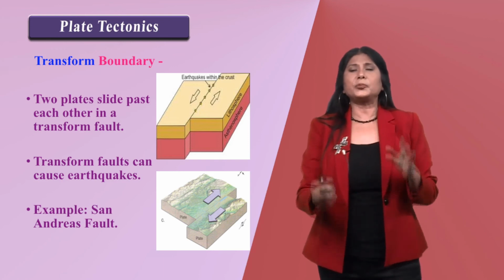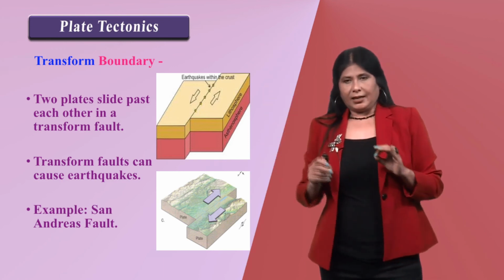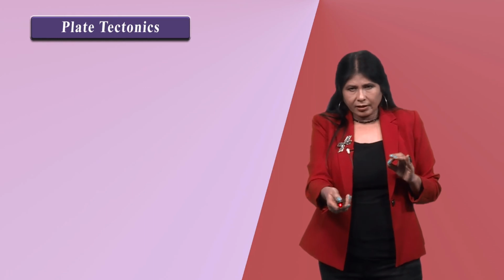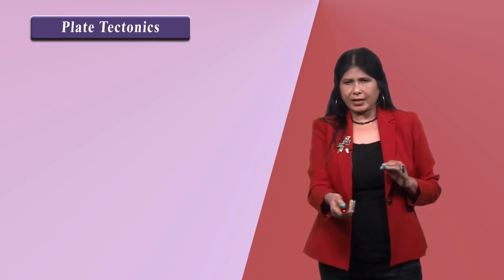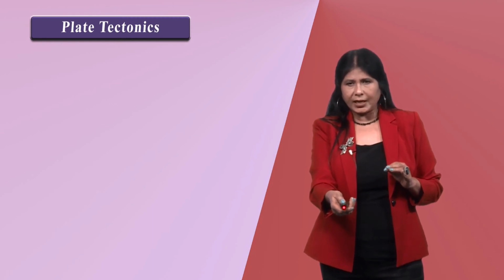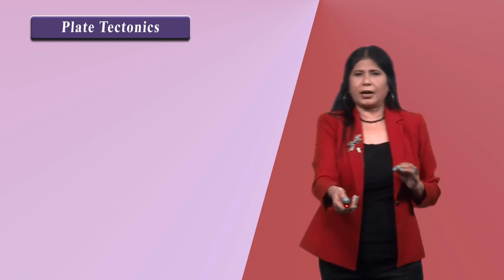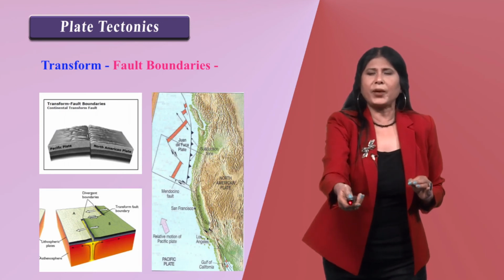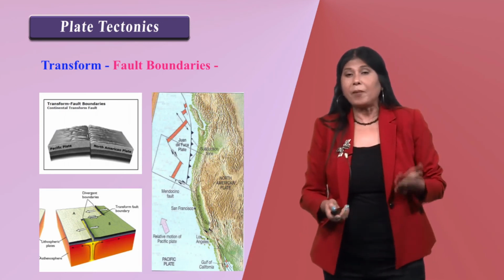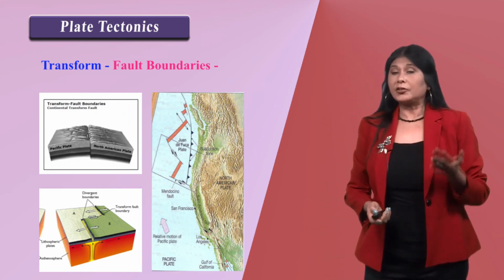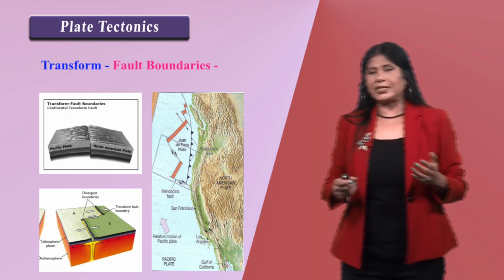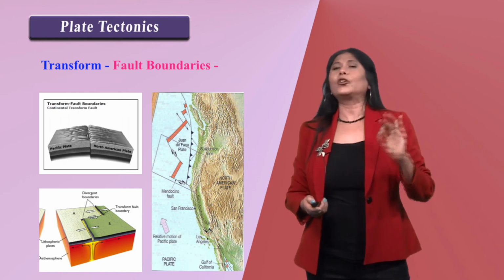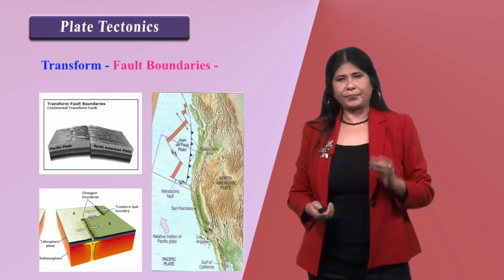Here in this picture we see that at the center the two plates are actually sliding past each other. Here at this small point, one plate is moving in one direction and another in the other. Everywhere here the plates are moving past each other. We call it the transform fault. And the long lines that we see are the dead transform faults, or they are called the fracture zones.